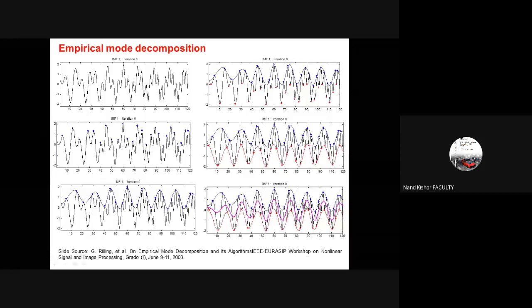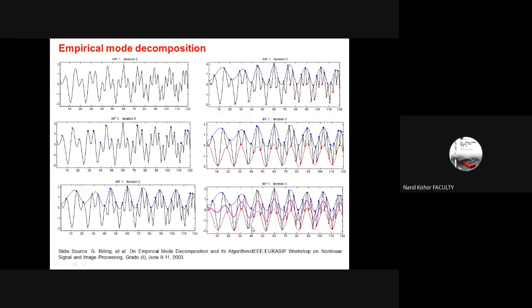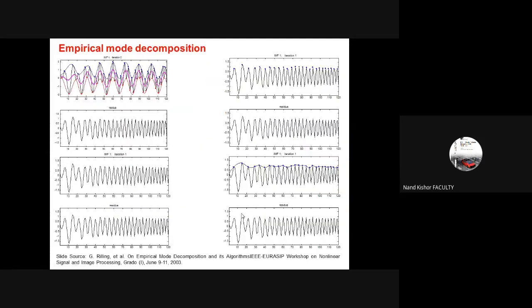So we obtain this out of the upper envelope and the lower envelope. So we have now obtained the first IMF. This pink color gives you the first IMF after zero iteration. And with this IMF, you also obtain a residue. So this is your residue. So this is zero iteration.